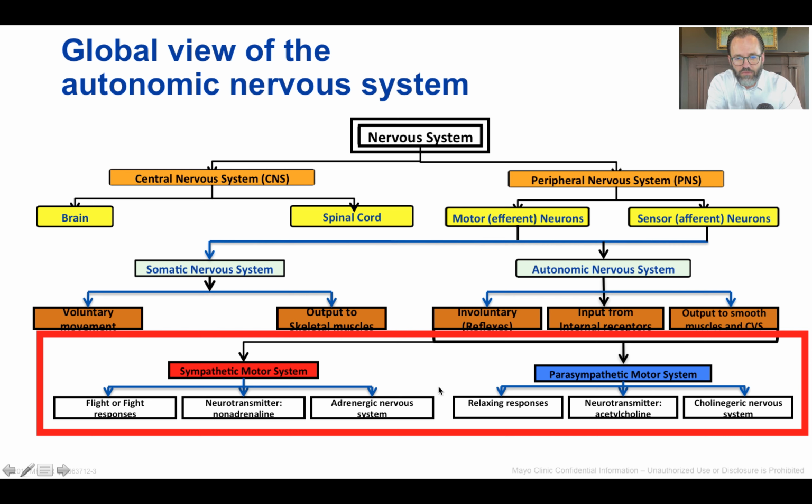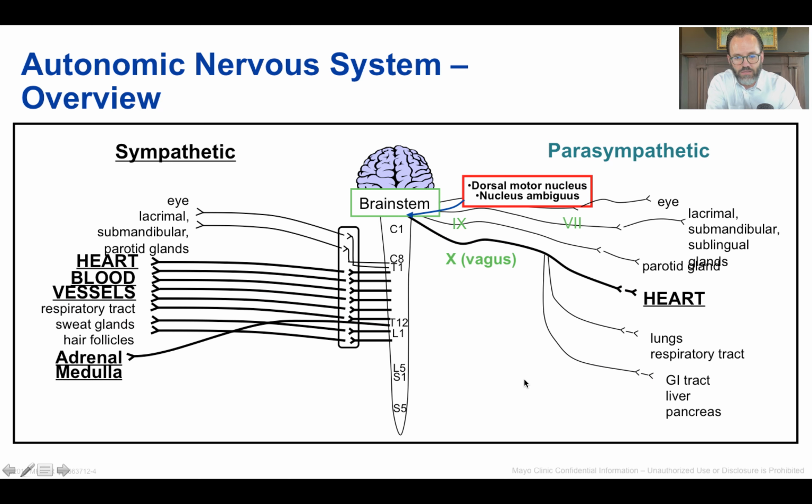So this is what we will focus on over the course of this lecture: the details related to these two systems being fight or flight, or rest, digest, and relax. So when we're looking at the autonomic nervous system, again, at a very high level, you can see that structurally these two are quite different, and of course, in addition to being functionally quite different.